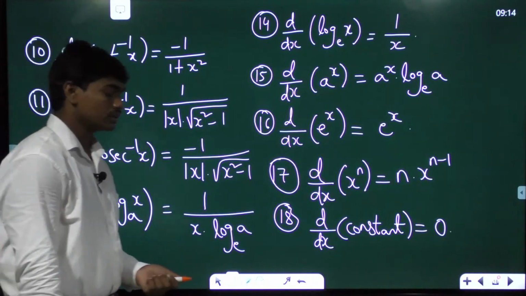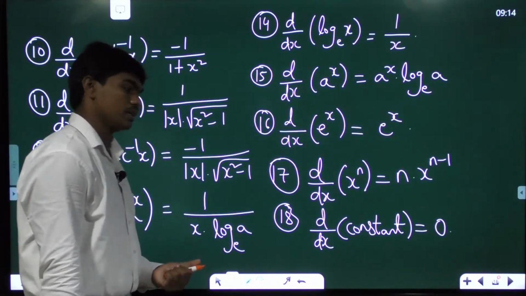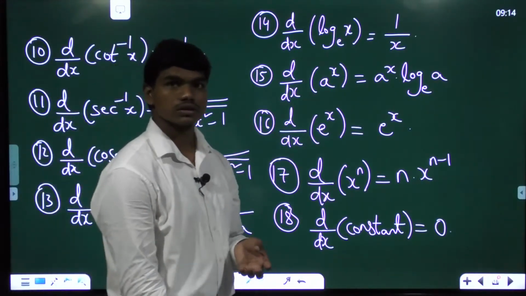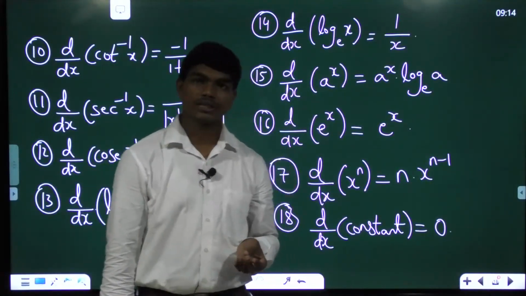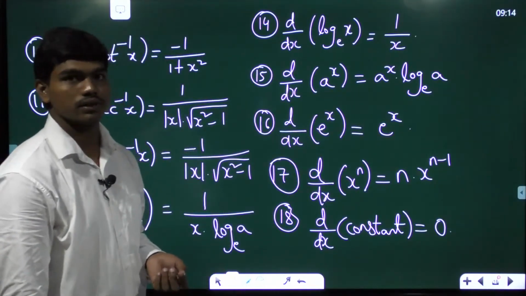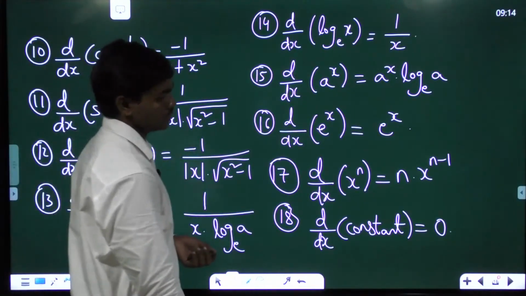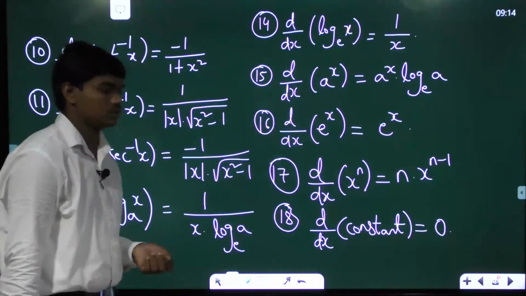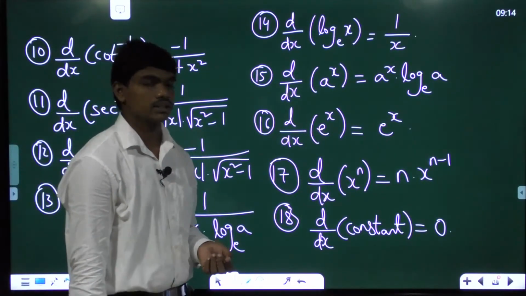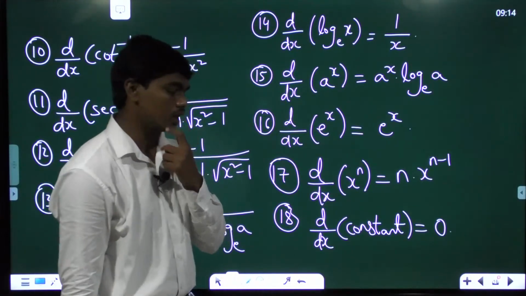So what is e power x? It's a polynomial function because I'll show in a short time. e power x involves terms like x square, x cube, x power 4, all these things. So it's not a monomial function. It has terms of different degrees, so it's a polynomial function, undoubtedly.